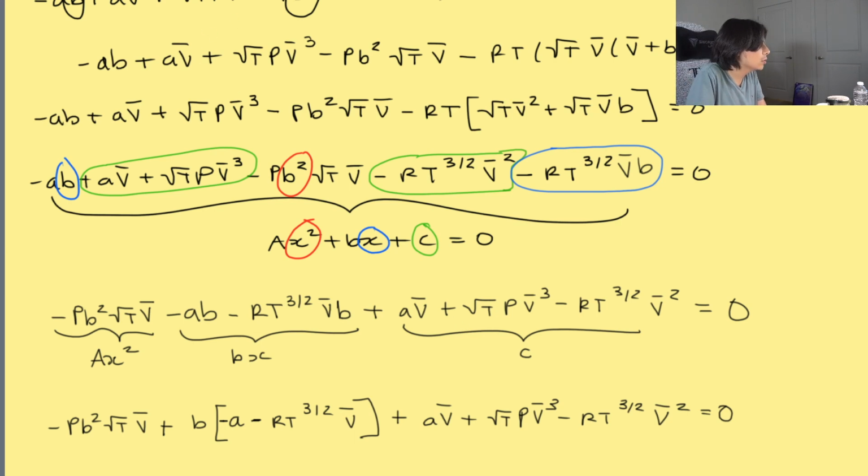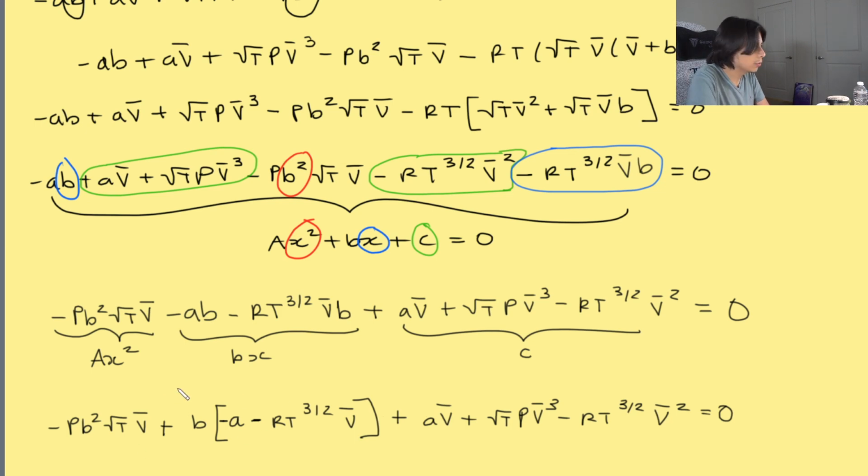So before we proceed to plug it in and define our a, b, c coefficients for our quadratic formula, we're going to divide all of it by negative p square root t of v bar so that we can isolate that b squared, which is, I guess, easier to plug into that quadratic formula. So we're going to divide everything.